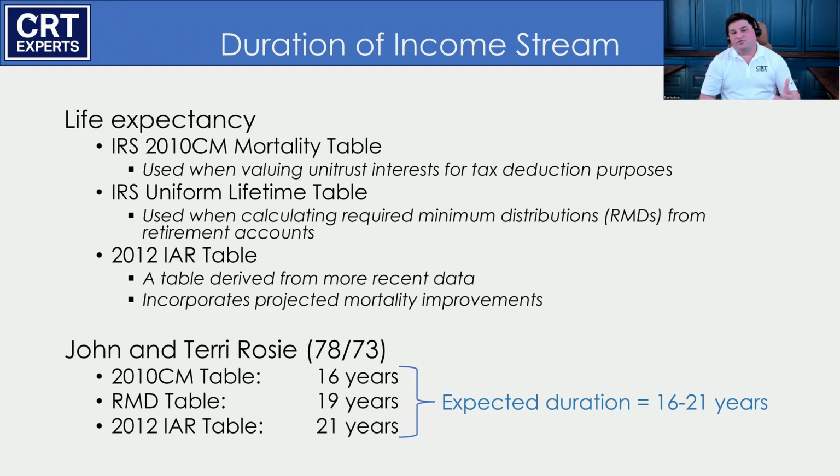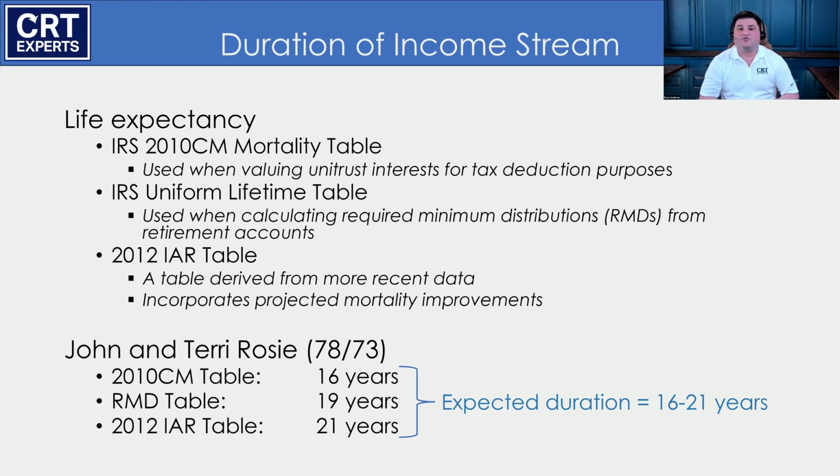So we will always look at three mortality tables. You can see them up here on the screen. The first, at the top, is IRS 2010 CM. That's the same table that is used when we create CRTs for purposes of calculating the deduction, passing the 10% test. That is usually going to be the shortest of these three life expectancies.